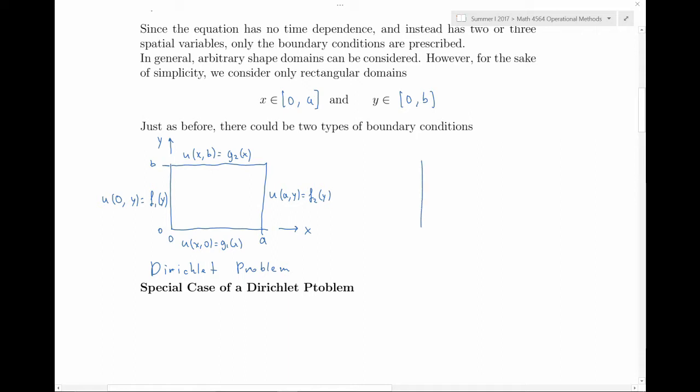Another type of boundary condition is when a derivative is prescribed. But here we have to be careful about which partial derivative is prescribed at which end. The partial derivative has to be prescribed in the direction orthogonal to the boundary. So for the upper boundary, we have to consider the partial derivative with respect to y.